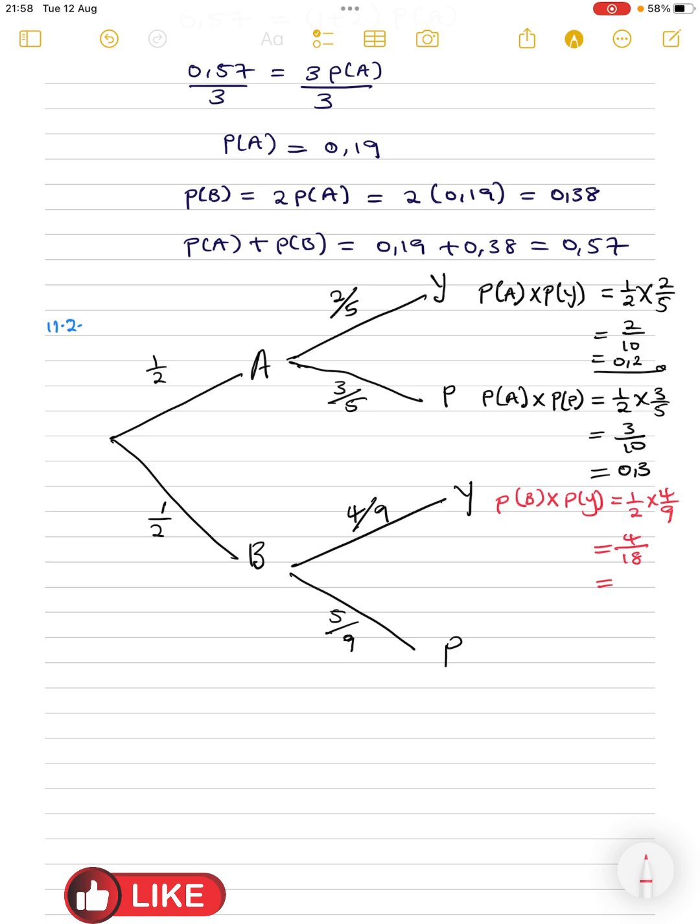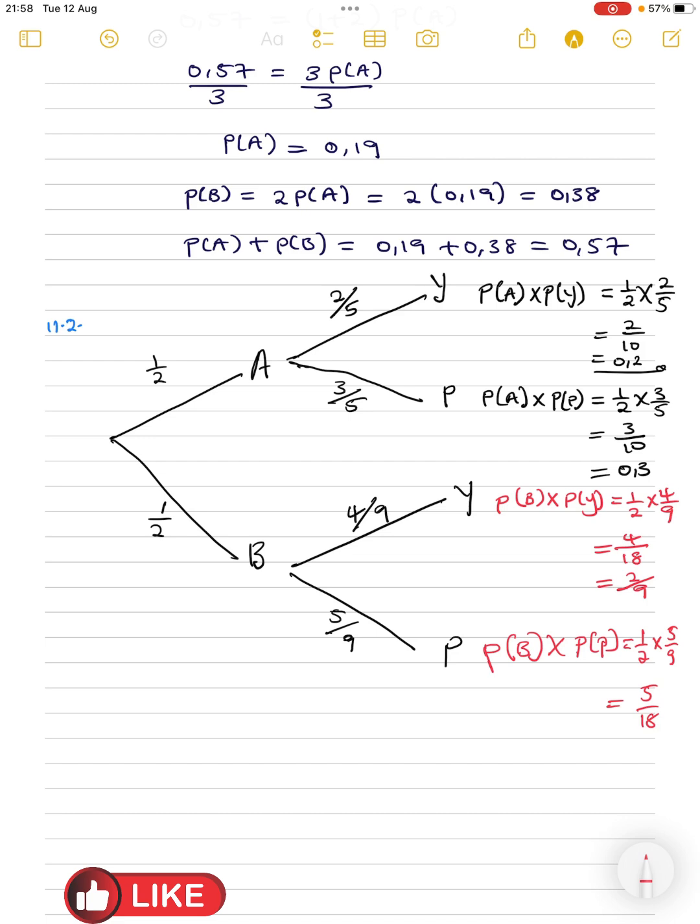Let me use my calculator: 4 divided by 18, I get 2 over 9. And then the probability of picking bag B multiplied by the probability of picking a pink ball will be half times 5 over 9, which is 5 over 18.